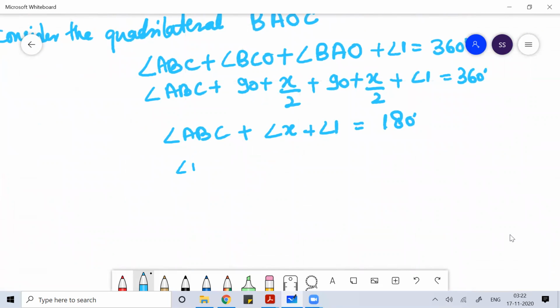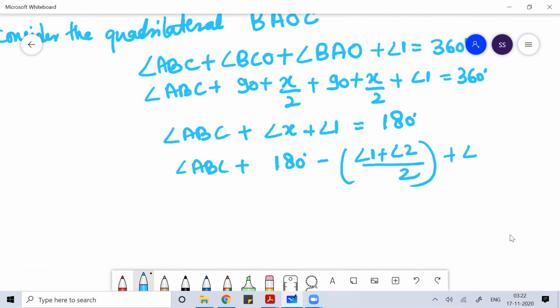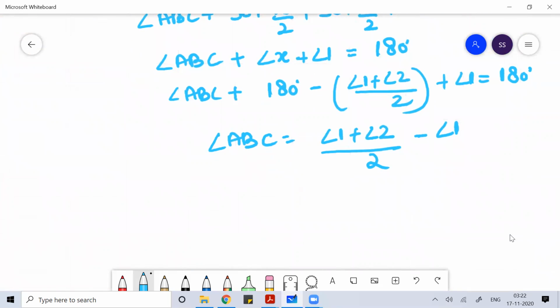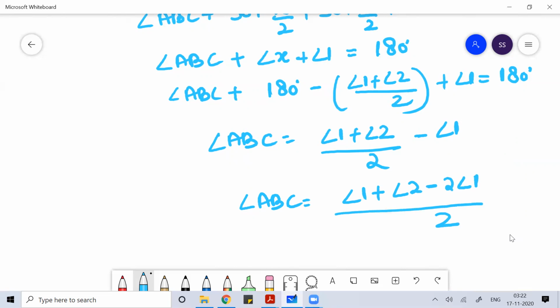So angle ABC plus, what was angle x? 180 minus angle 1 plus angle 2 divided by 2, plus angle 1, is 180 degrees. So you can say angle ABC is equal to angle 1 plus angle 2 by 2 minus angle 1. So I can say angle ABC is equal to angle 1 plus angle 2 minus twice of angle 1 by 2.